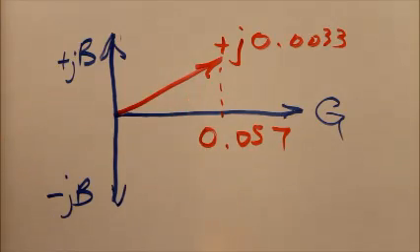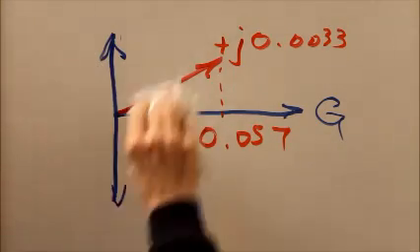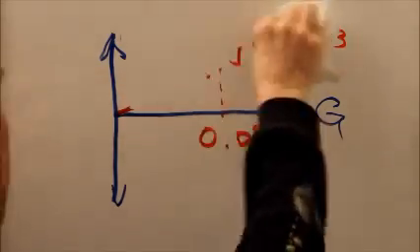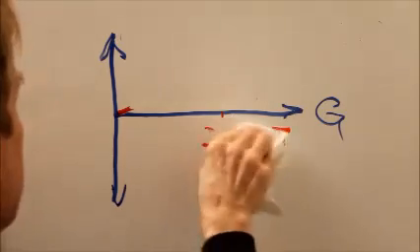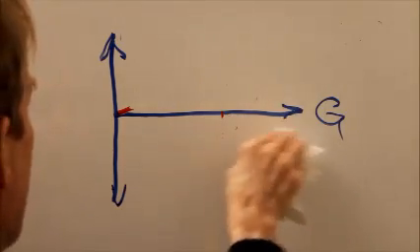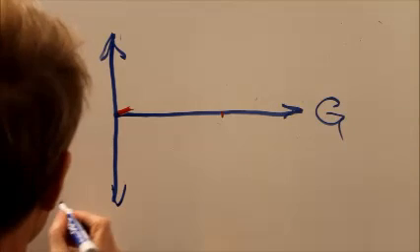Now, for the same component, if we were to draw it in the complex impedance half plane, because we have capacitance involved, capacitive reactances are always going to show up as negative.